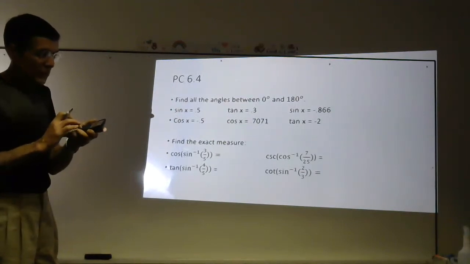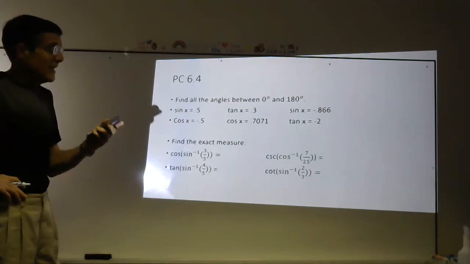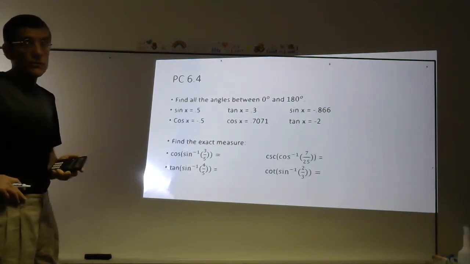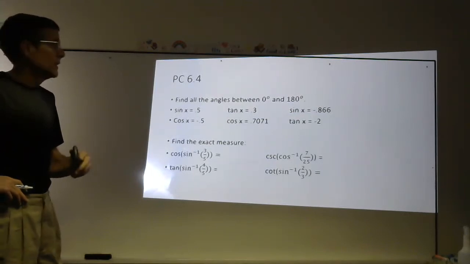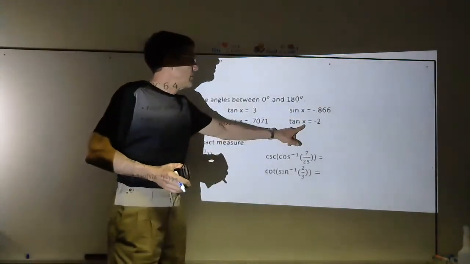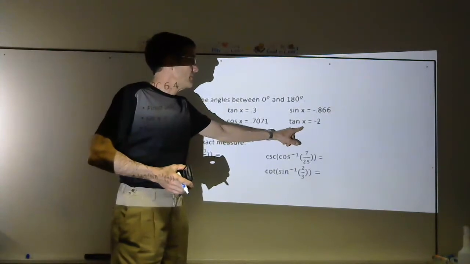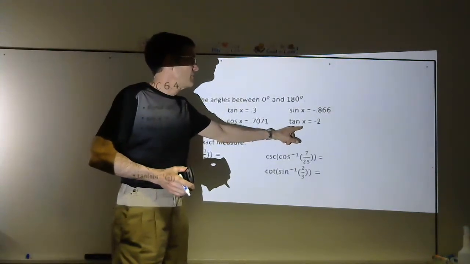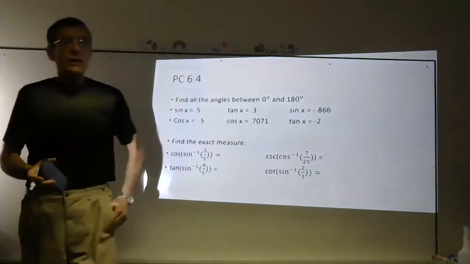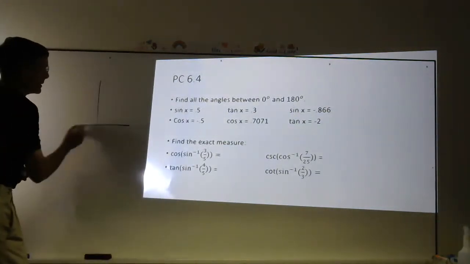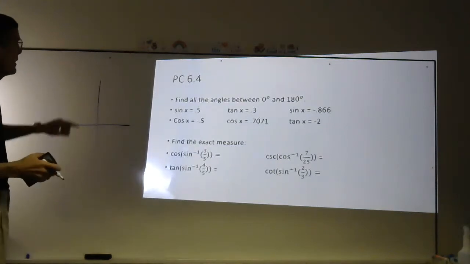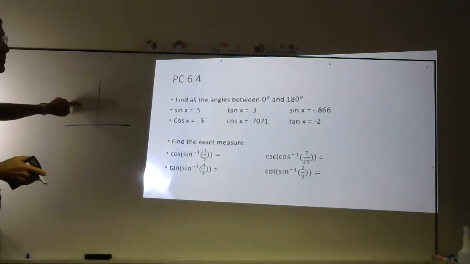Tangent of x is negative 2. So do a second function tangent on negative 2. And I get a negative 63 degrees, which is correct because tangent was restricted from negative 90 to 90. Do I need to worry about a second answer to tangent? Well, between 0 and 180, tangent is negative in the second quadrant.